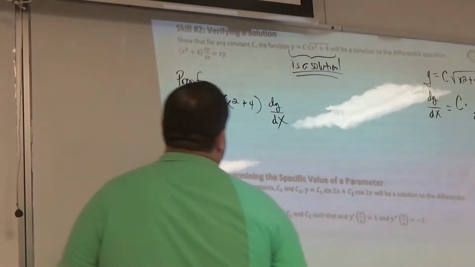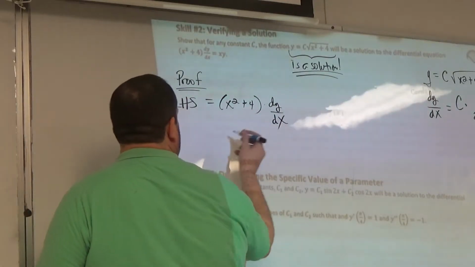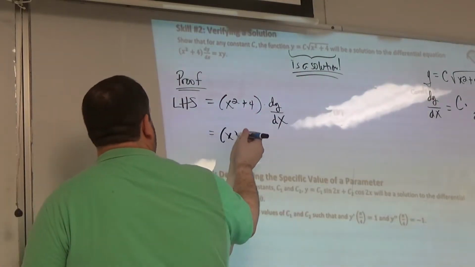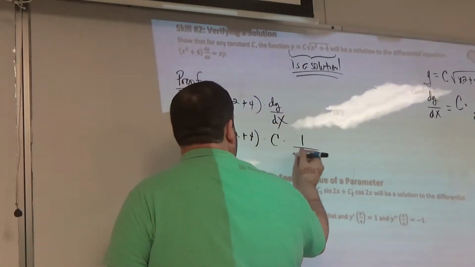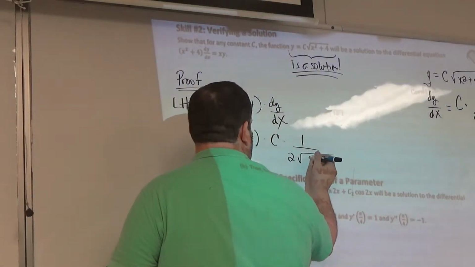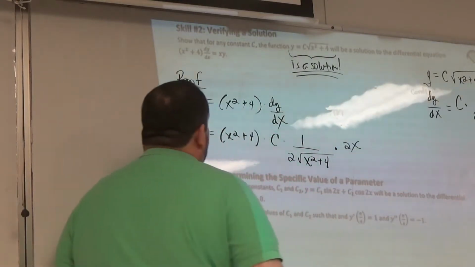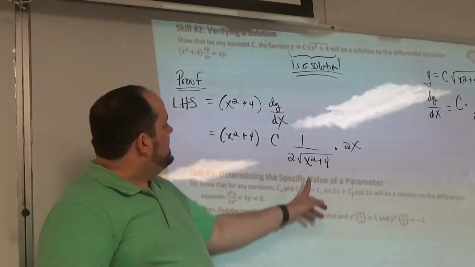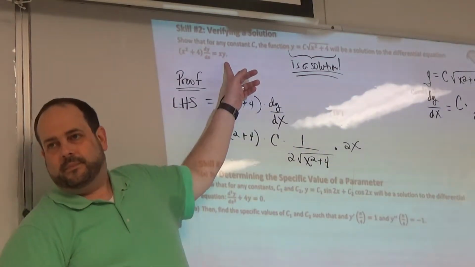So the left-hand side says if I take x squared plus 4 times the derivative, c times 1 over 2 square roots of x squared plus 4 times 2x, somehow I'm going to get just x times y.